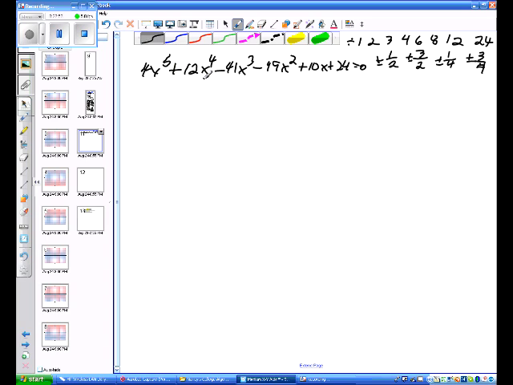Okay, if we look at our signs, we go from positive to negative, negative to positive. So we have either 2 or 0 positive real roots.